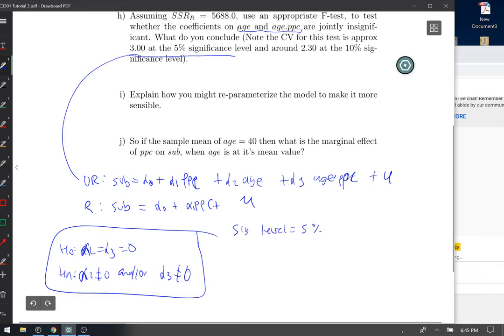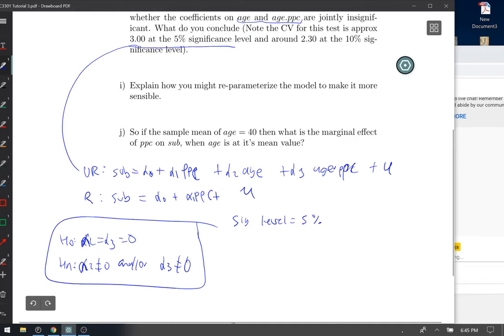So again, very important, because I'm seeing a lot of this mistake, you can only use a t-test to test one restriction. Here we've got two restrictions, so we're going to use the F-test. Remember, the formula is the sum of squared residuals from the restricted model, which has been given to you, minus the sum of squared residuals when you run the unrestricted regression.